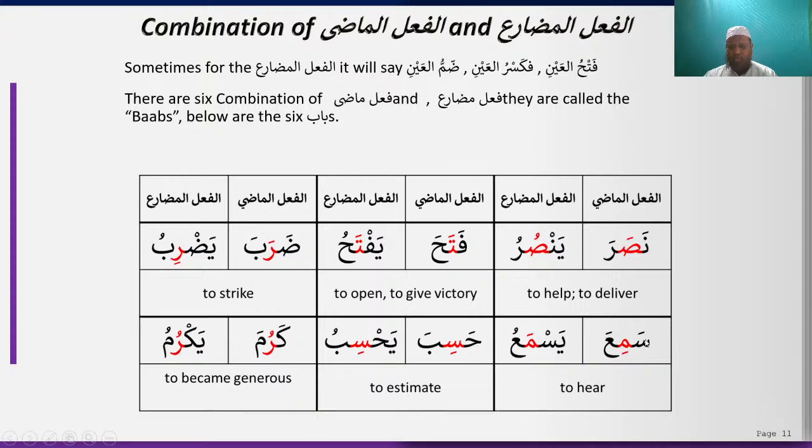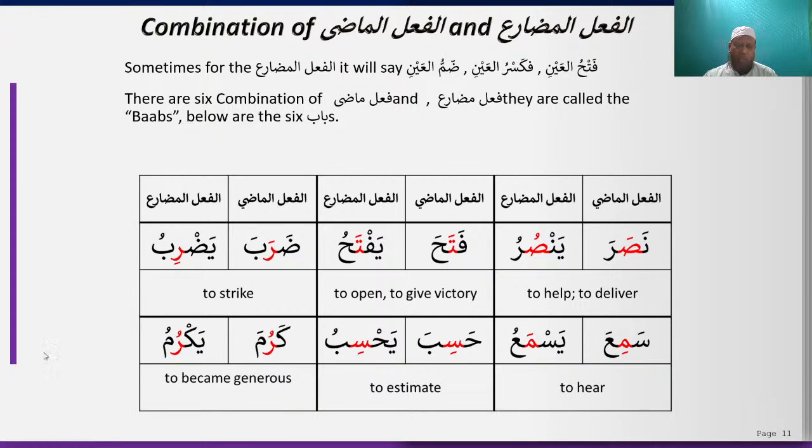Sin. Amila, ya'malu, or alima, ya'lamu. ضعف, the fi'l ضعف is from باب كرم. كاف. ضعف يضعف.